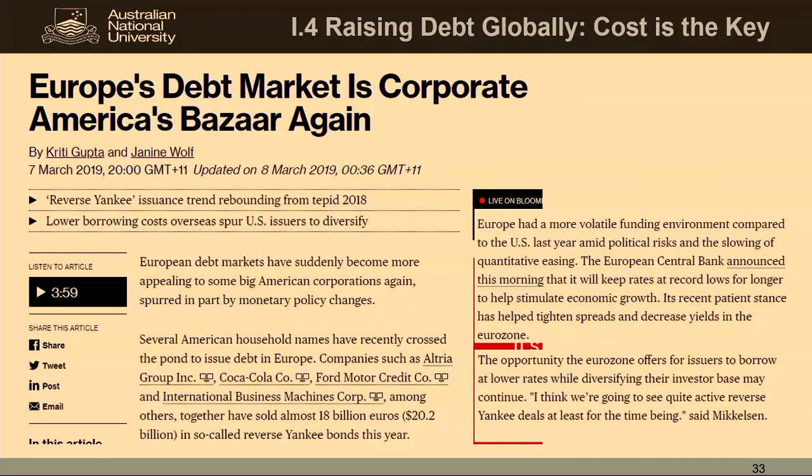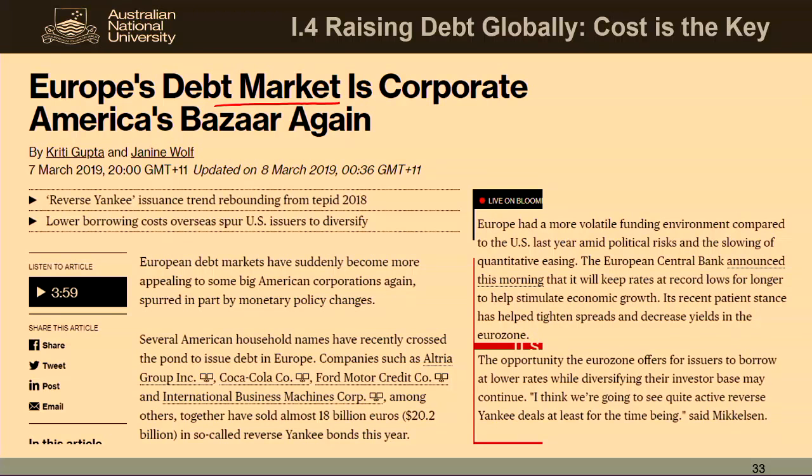Right, so for a company to issue Eurobonds or go on to the global debt market, cost is really the key idea. In this recent item from Bloomberg, we see that Europe's debt market is corporate America's bazaar again.